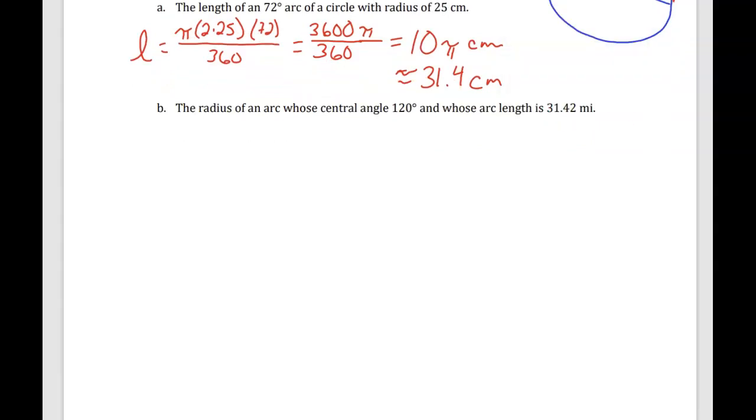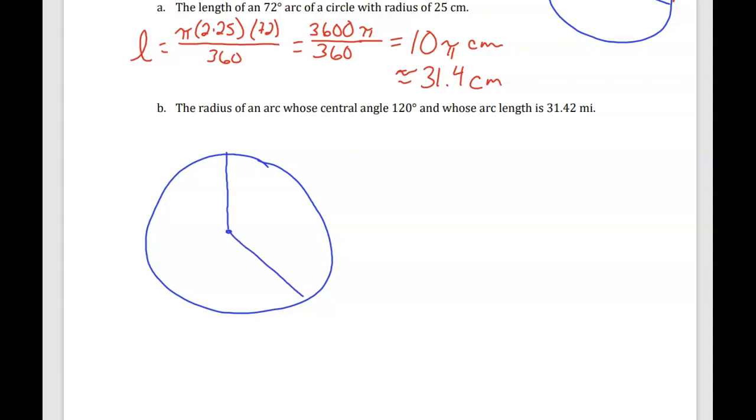Now, we want to find the radius. So here we have this circle, and we have this central angle here that is 120 degrees.